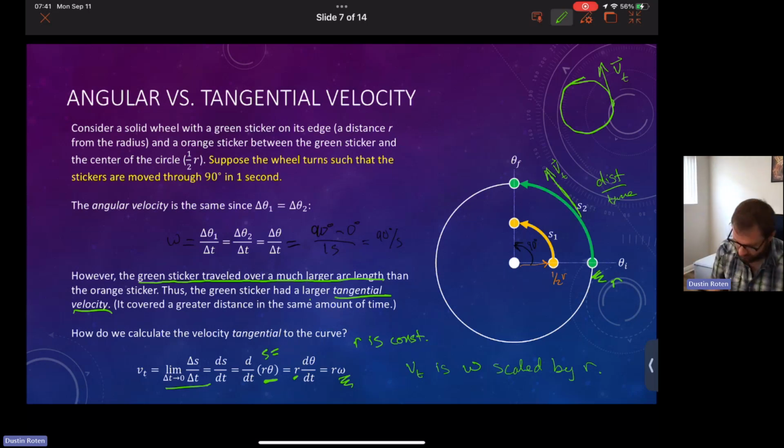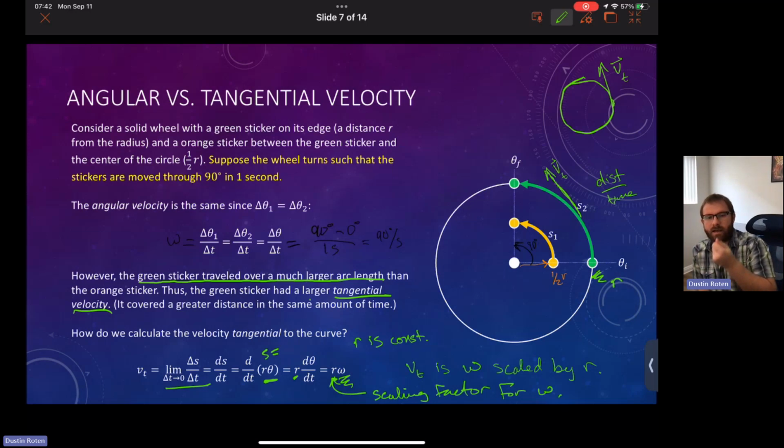So you can just think of r here as just a scaling factor for omega. So the relationship here is your tangential velocity. Essentially, your radius tells you how much of the angular velocity is going into tangential velocity, and that's done by r.